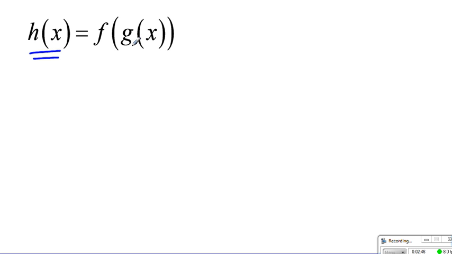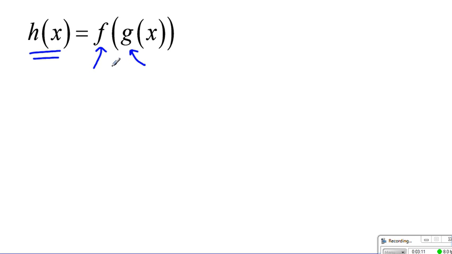But our natural question would have been something like this. Given h of x, can we find maybe f of x? Well, how about g of x? You see, out of three functions, if we are given two functions, can we basically figure out the other one? That's basically what we'd like to look at.